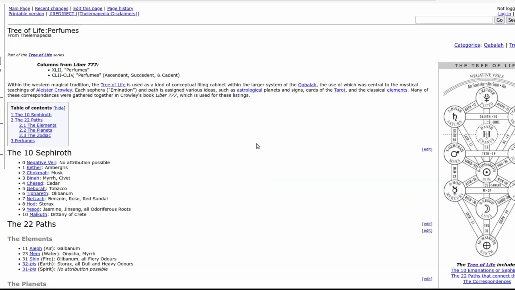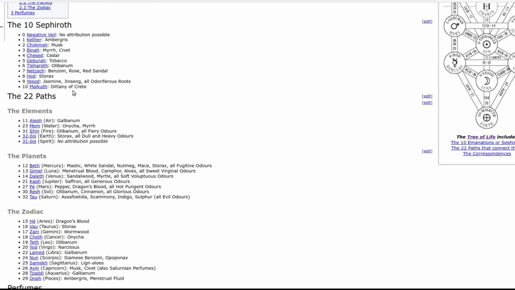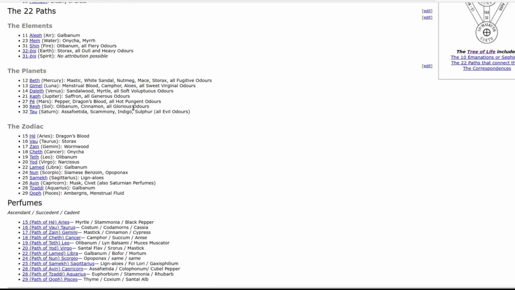So anyway, perfumes, that's an interesting one. I don't know much about perfumes, so I can't really, I like that. All sweet virginal odors, menstrual blood, camphor, delicious. Oh, nice. Venus, soft, voluptuous odors. This is good.